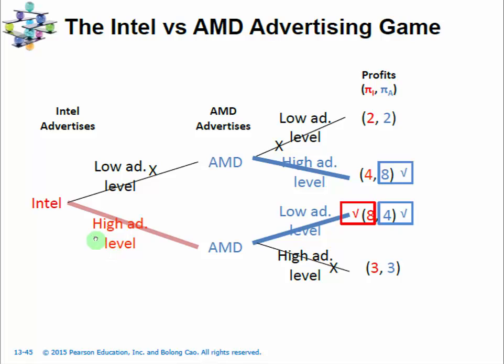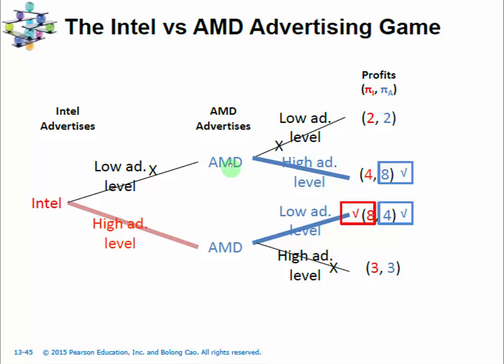But if Intel chooses to advertise heavily in the first stage, then AMD can decide whether to advertise heavily as well. Here the situation is that if AMD goes head-to-head in advertising against Intel, AMD will pay a very heavy cost for advertising, and it actually brings down its profit from 4 to 3 compared with just keeping a low-key advertising level.